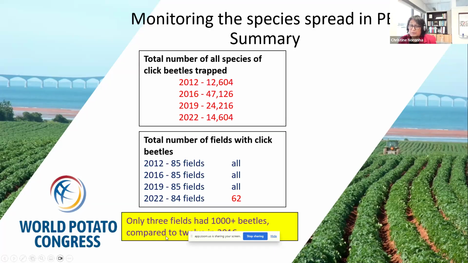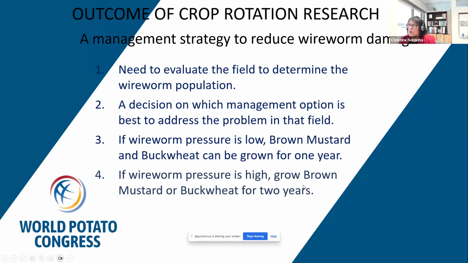But when you compare it to 2016, there were 12 fields that had over 1,000 beetles, and most of the fields had like 2,000 to 5,000 beetles. So there was definitely a decrease not only in the population, but also in the number of fields that were infested with wireworms. So what was the outcome of this whole research?